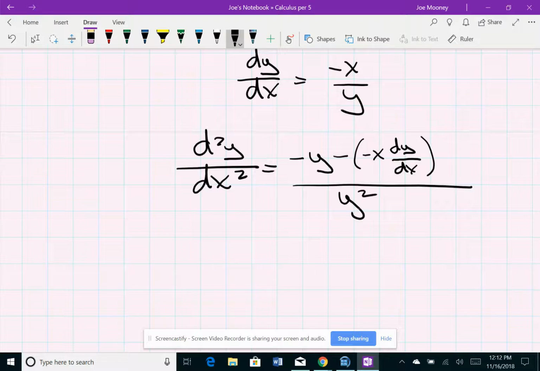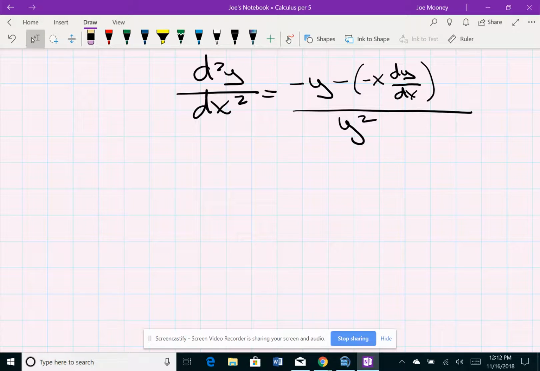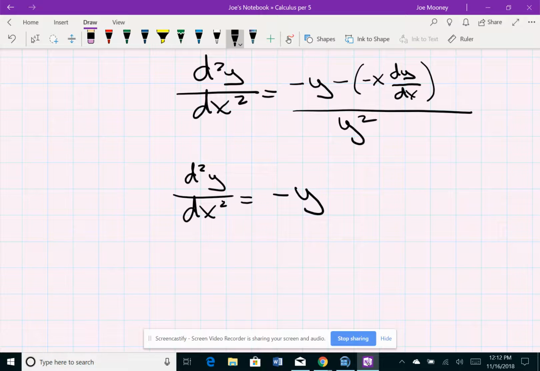So look what I have. In my second derivative, I have my first derivative. So we're going to have to re-plug that back in and solve for it. So d2y dx squared is equal to negative y, and hopefully you're okay with me making that minus a plus there, right?